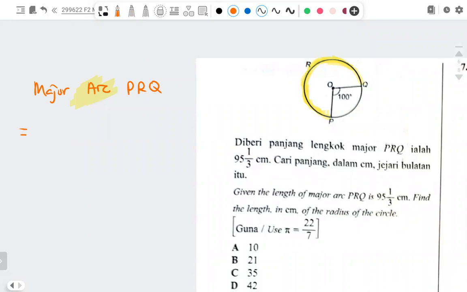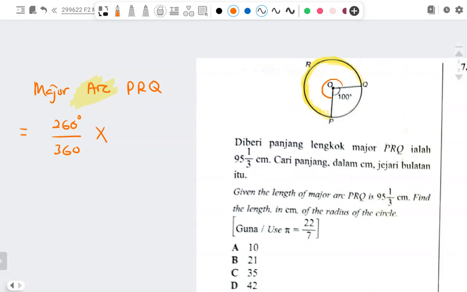If you look at PRQ, the angle should be the major one, here. Exclude the 100 degrees. So 360 minus 100 equals 260.